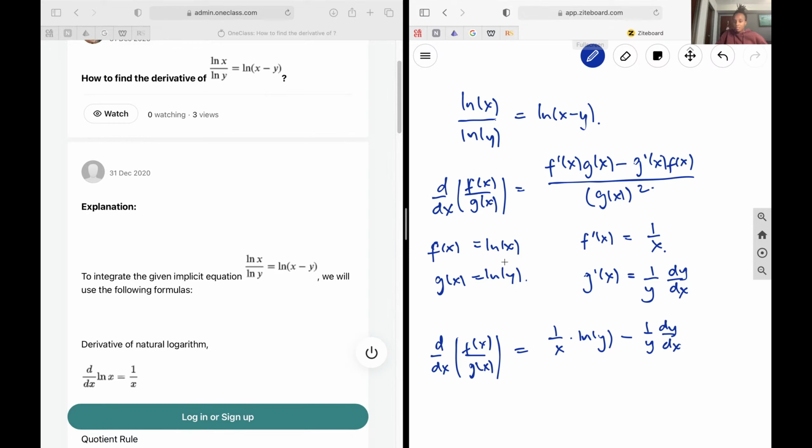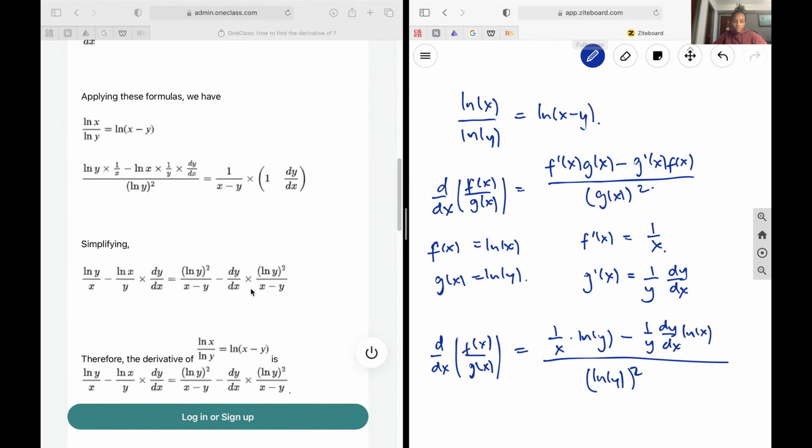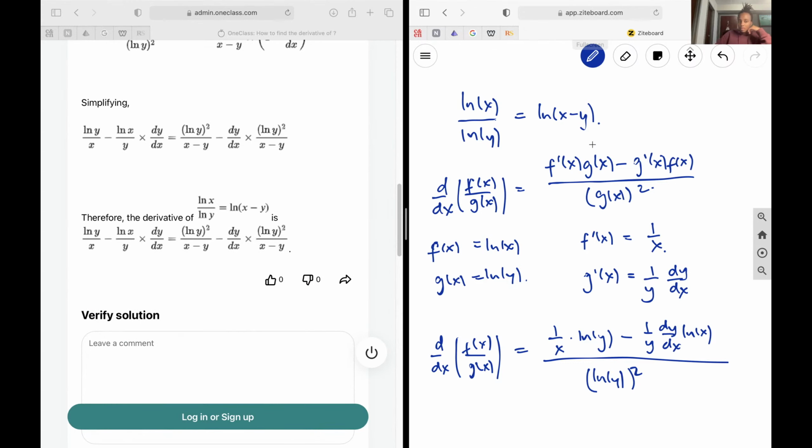That is multiplied by f of x, so ln x, all over g of x squared, so ln y squared. Okay, and then I'm going to simplify this.